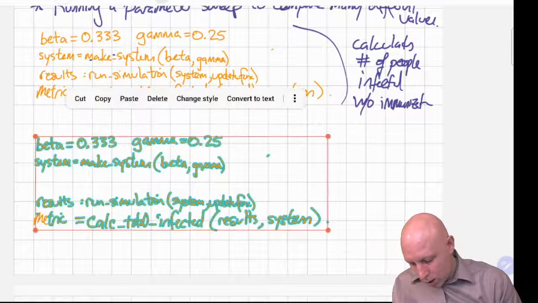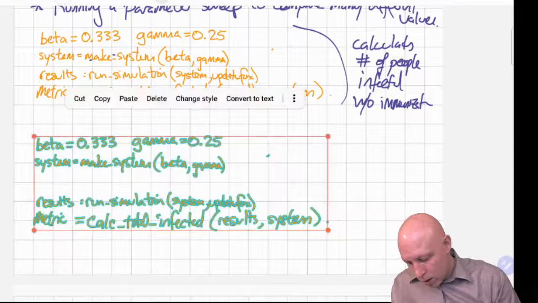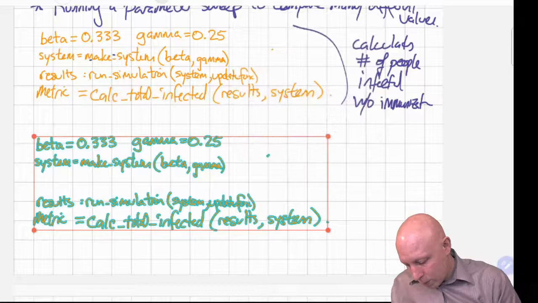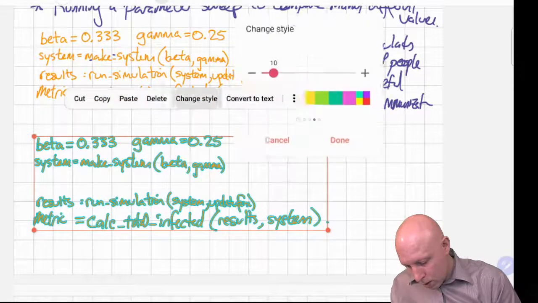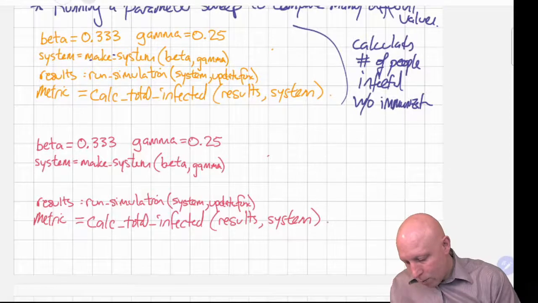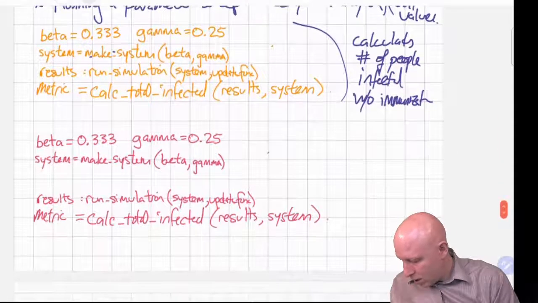And let me change the color here. Change it to red. And then we're adding in one line of code here that does this intervention.